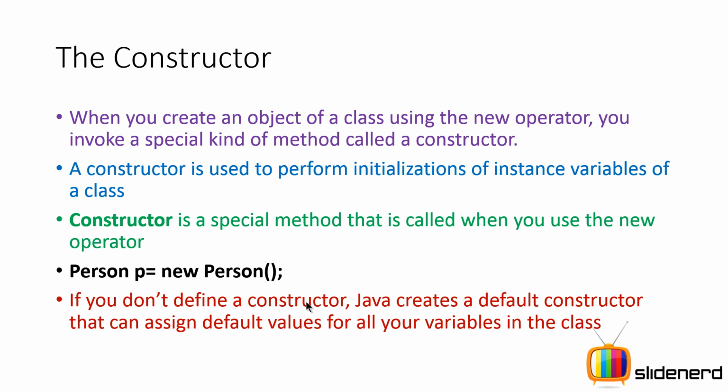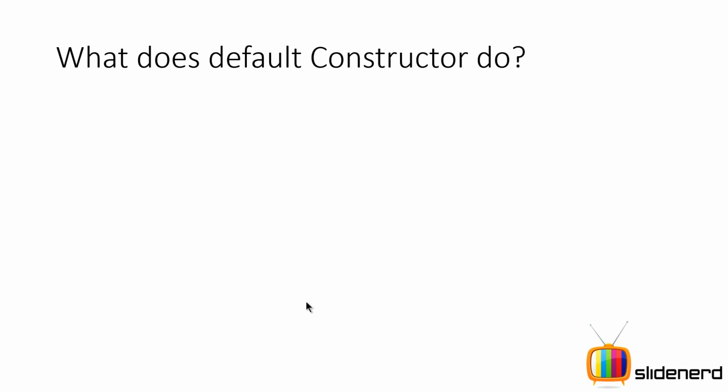Again, things have been discussed so far at a very high level. Let's take some examples and see what each of these statements actually mean. So what does the default constructor do? Let's have a class Person. There are instance variables String name, String address, int age. If you remember, a person has many properties, out of which we have considered three major ones: the name, the age, and the address.